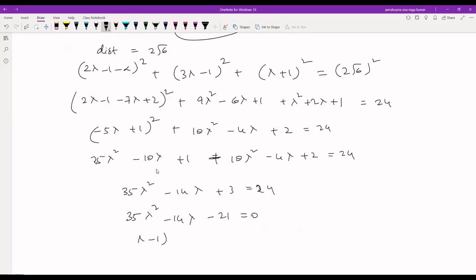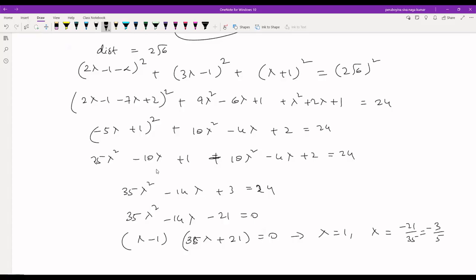So you can write (lambda minus 1)(35 lambda plus 21) equal to 0. So this implies lambda is equal to 1 or lambda is equal to minus 21 by 35. Cancel 7, minus 3 by 5.